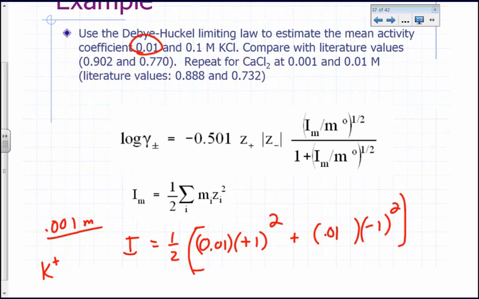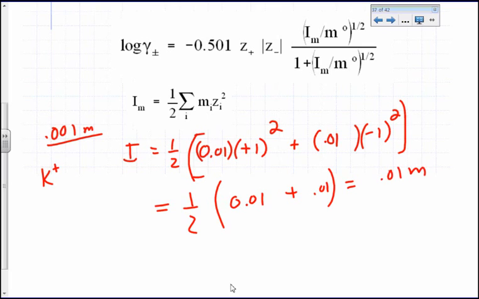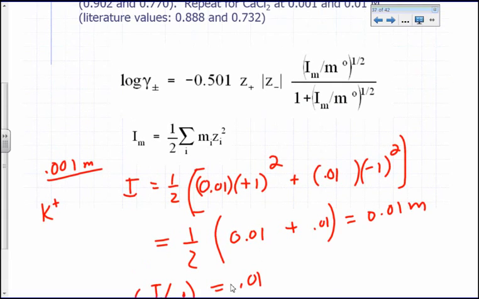That gives you the ionic strength of the solution. So the ionic strength is 1/2 times 0.01 times 1 plus 0.01 times 1. That's just going to be 0.01 molar. So I over m naught would be equal to 0.01.